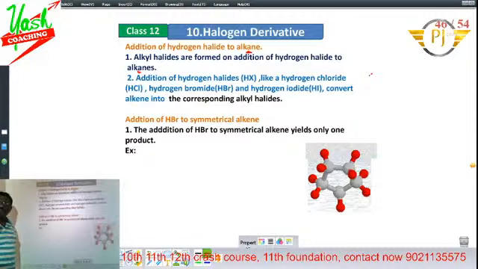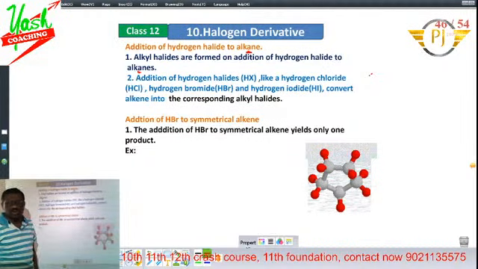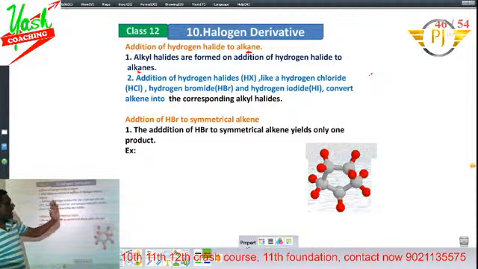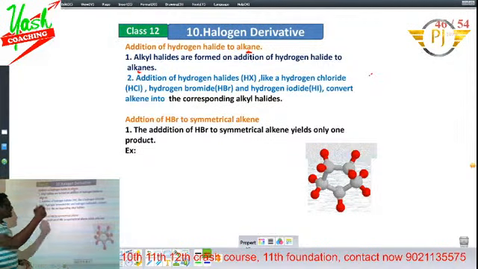The general representation of hydrogen halides is HX, where X stands for chlorine, bromine, and iodine. It means we are adding hydrogen chloride, hydrogen bromide, and hydrogen iodide to the corresponding alkenes, which results in the formation of alkyl halides.